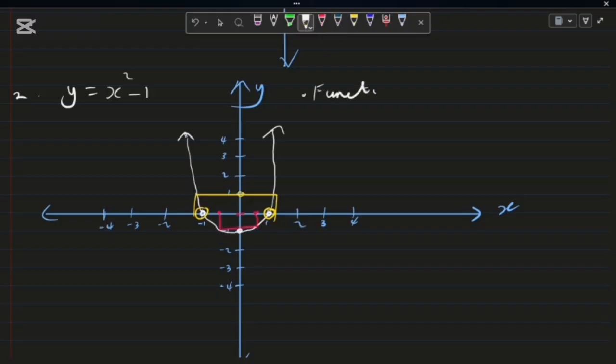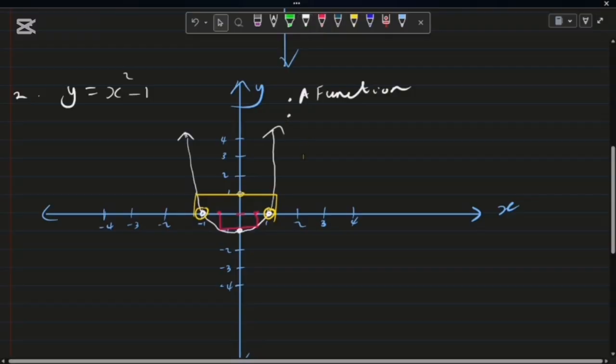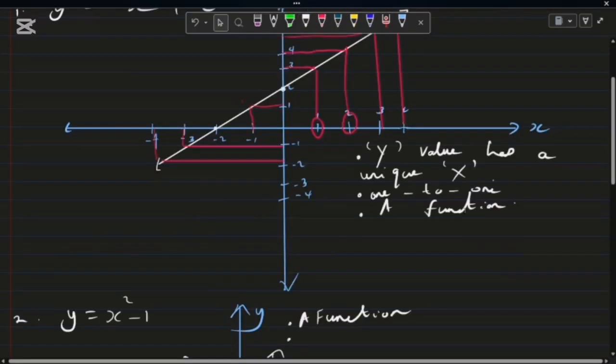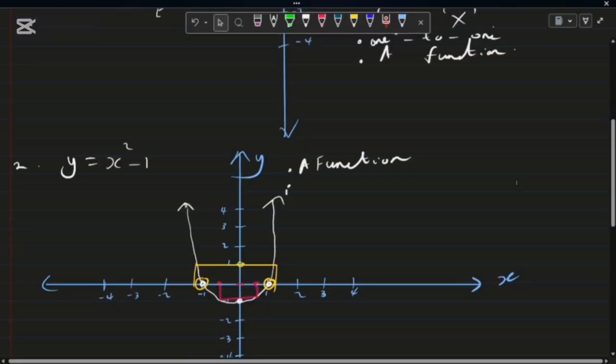This one is a function, and then a function. Now let's see what type of function it is. This one is a one-to-one function, and then this one, let's see what type of function it is.